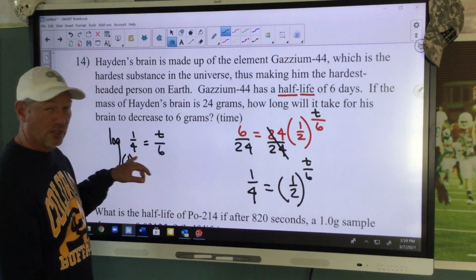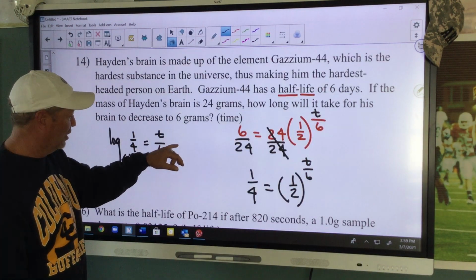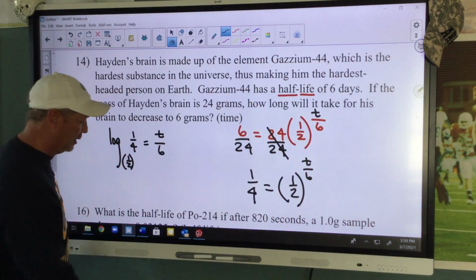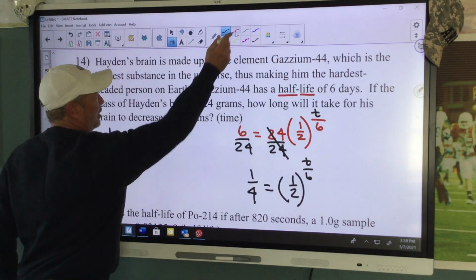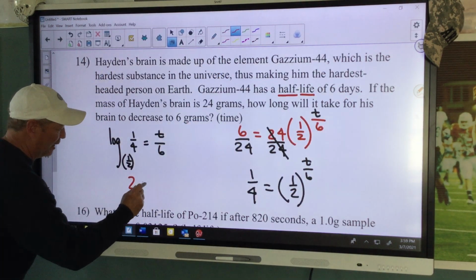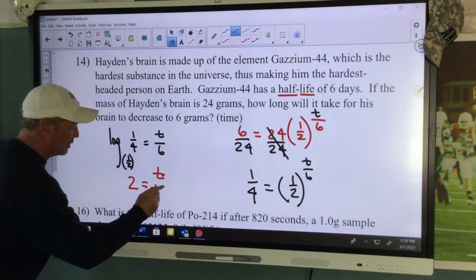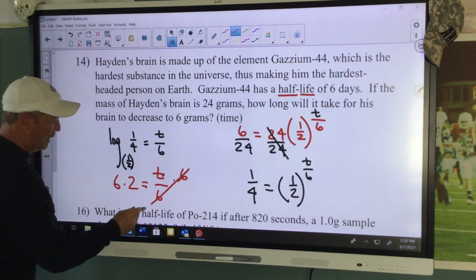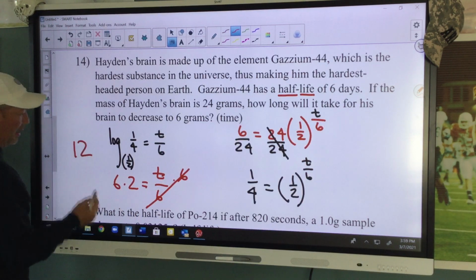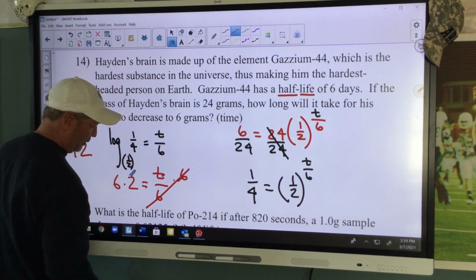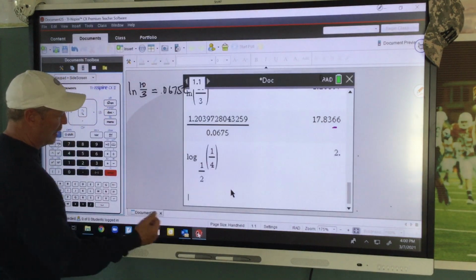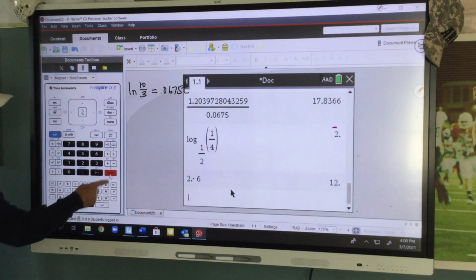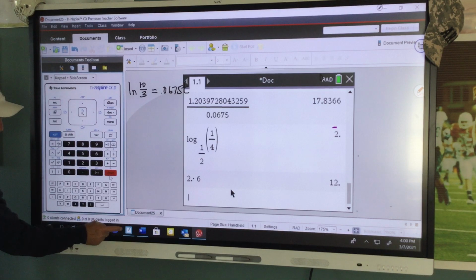This is going to give us the number 2, but to move the 6 to the other side, we're going to multiply times 6. We're looking at 2 equals t over 6, multiply times 6, cancels, and you're going to get 12. Okay? So my time would be 12 days. Times 6. Enter. There we go.